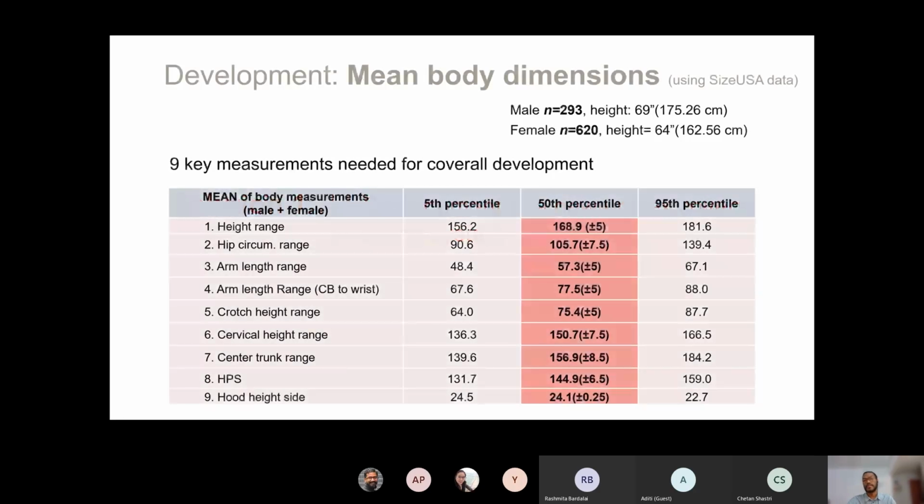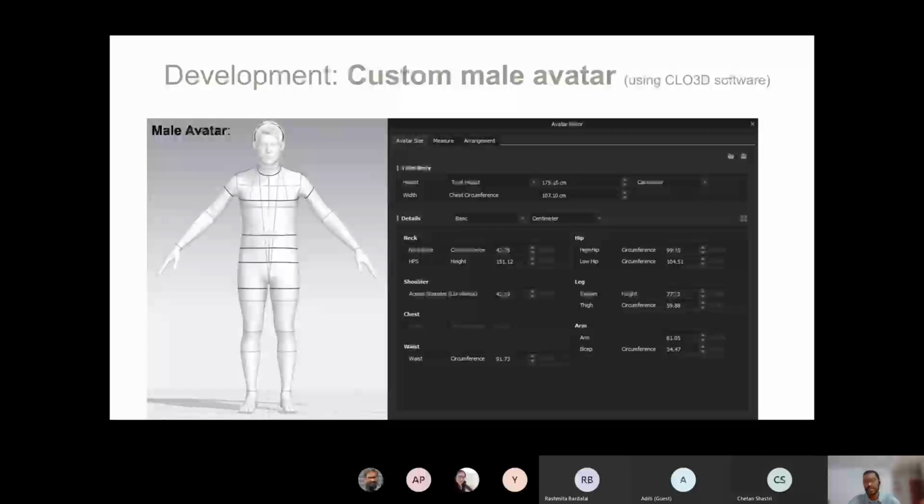So in order to extend that study, I again resorted to using the Size USA data, and from the population data, trying to arrive at a mean sizing chart for both the male and female population. And once the sizing chart was extracted from the population data, it was put into a simulation software, the CLO 3D software, which is largely used in the apparel, retail, and fashion industry.